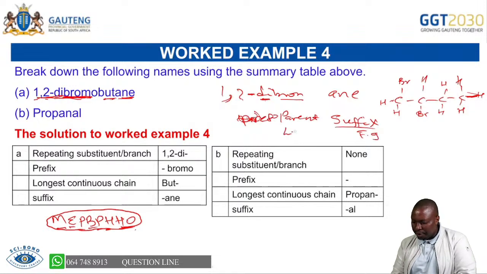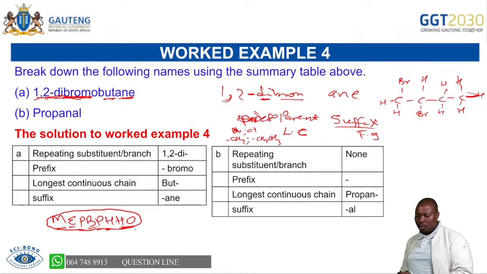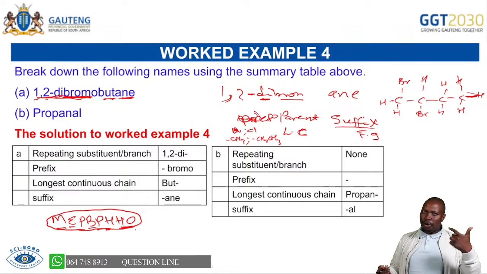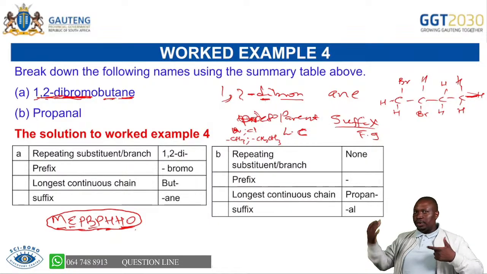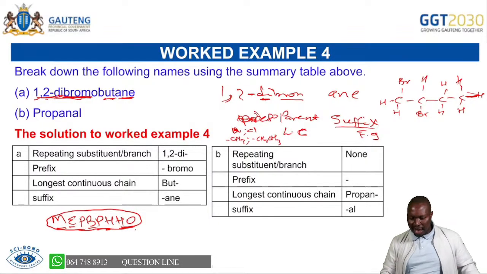Our substituents, we said, are your bromo, your chloro, your methyl, which is CH3, your ethyl, which is CH2CH3. Those are the ones we commonly work with. If we have fluorine or iodo, the other halogens, that is still fine. You will acknowledge their presence.